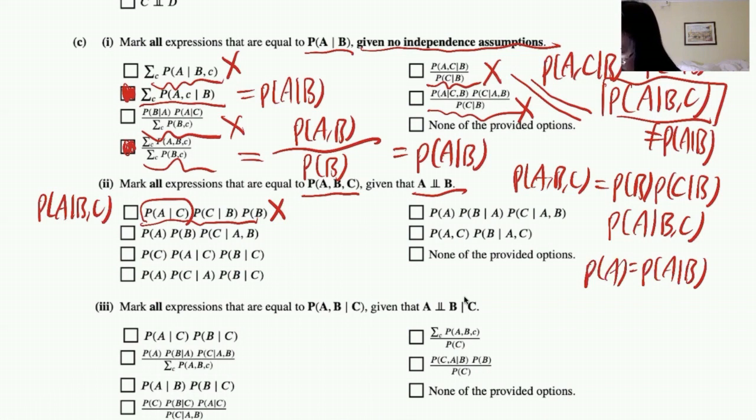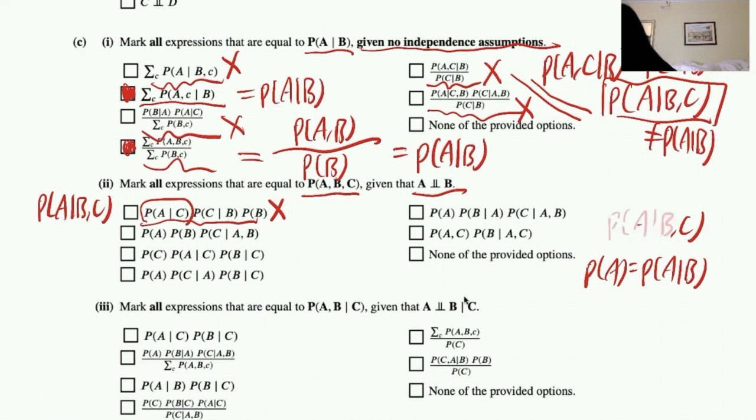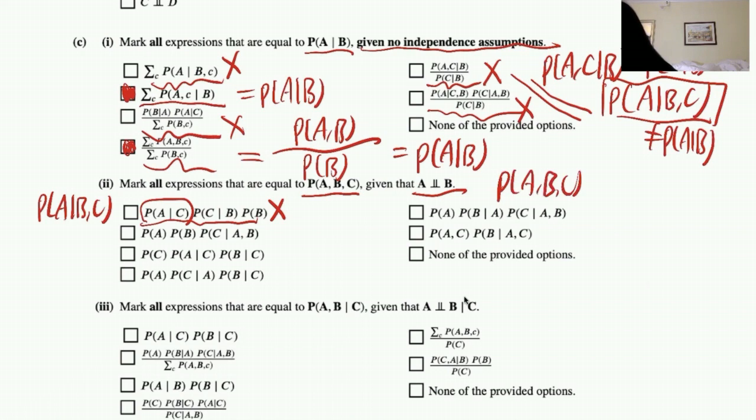Let's see if the second term is equivalent. Let's use another way to compute the joint probability. P(ABC) is equal to the probability of A, the probability of B given A, and the probability of C given AB.